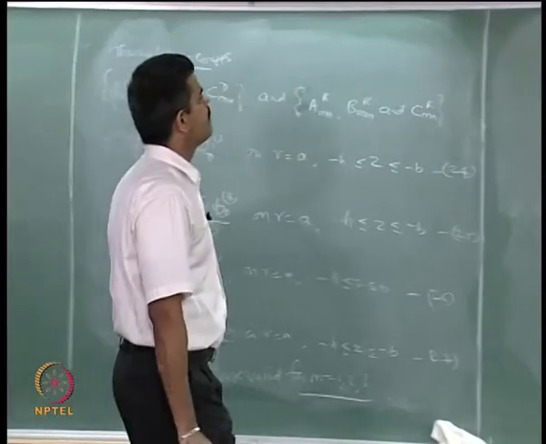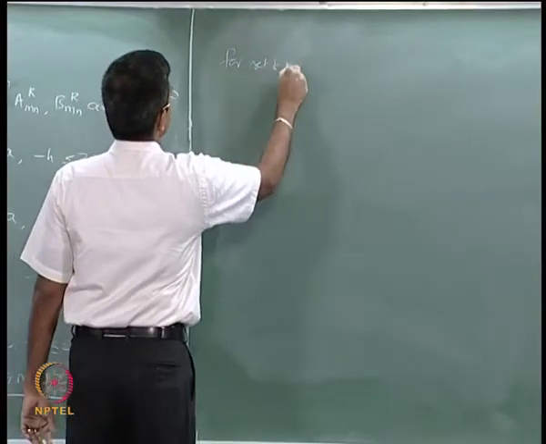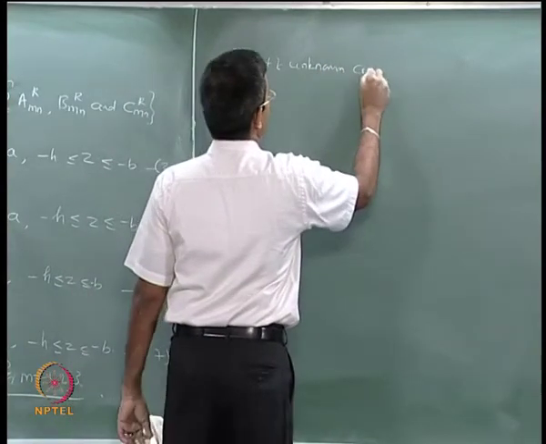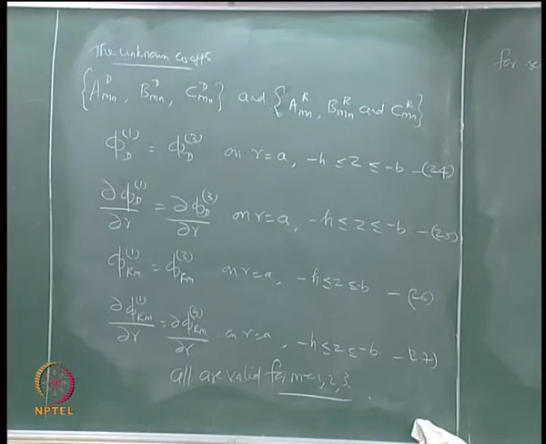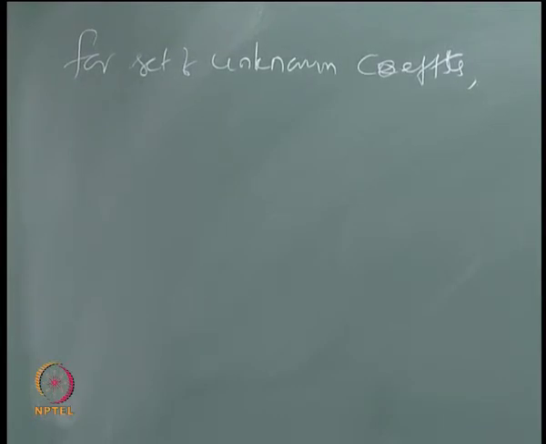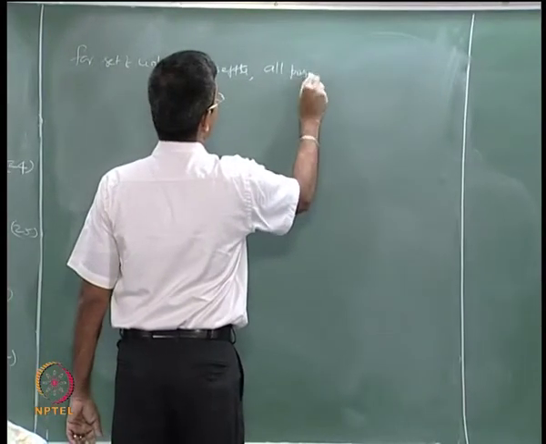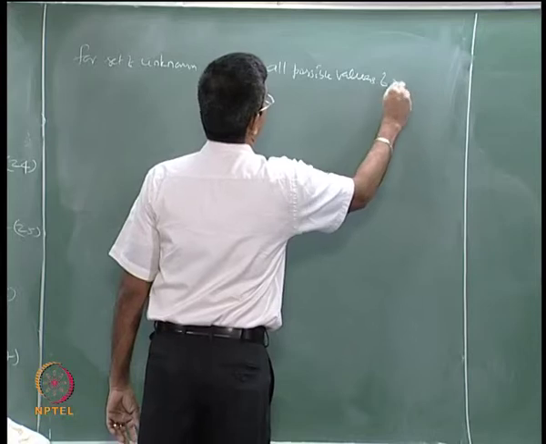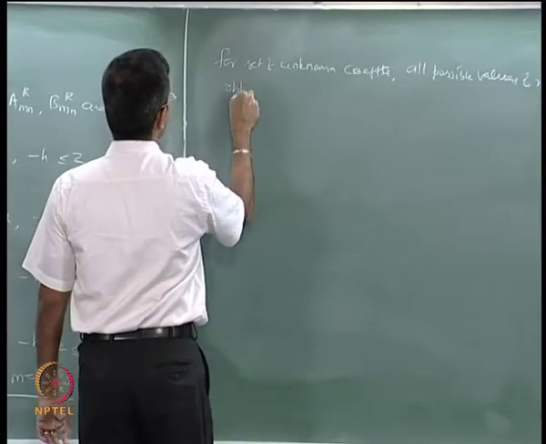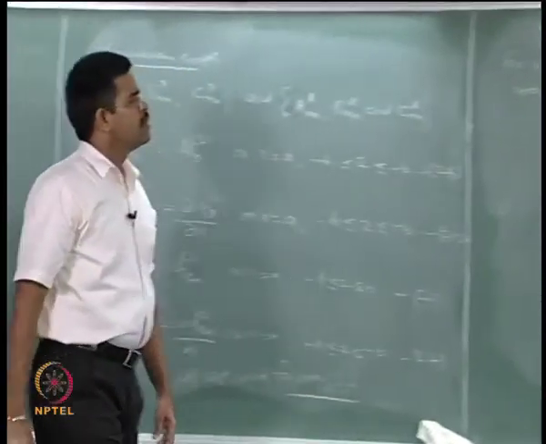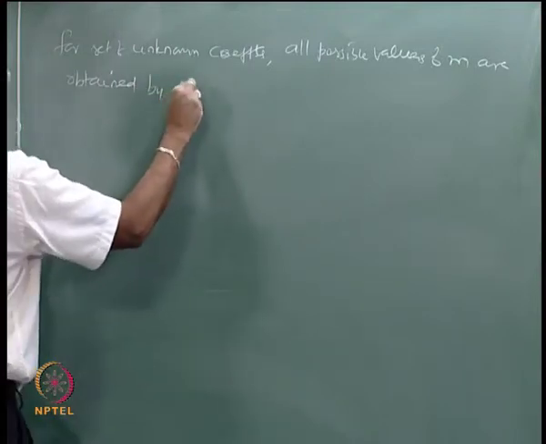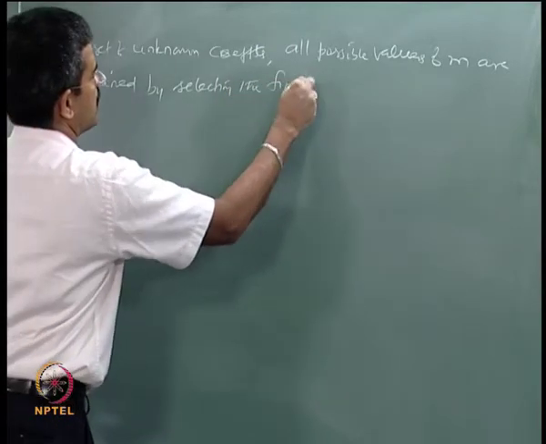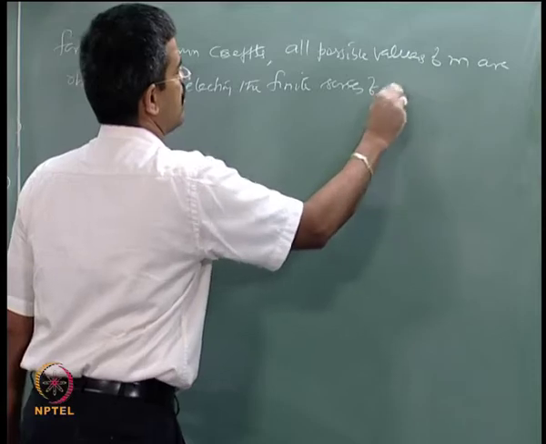Now, how will you solve them is, for the set of unknown coefficients, all possible values of m are obtained by selecting the finite series of n.